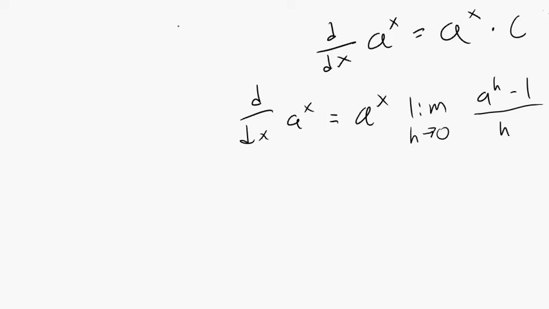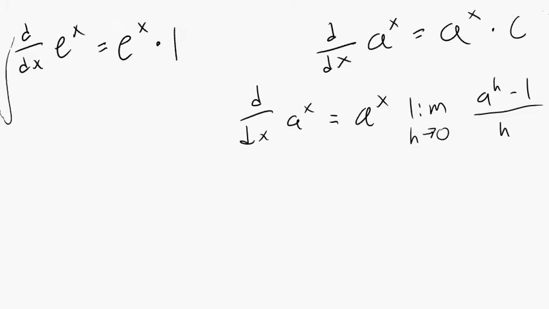And that's how e is defined. So you'd have the derivative of e to the x equals e to the x times, and e is defined so that this equals 1, so e to the x times 1. And that's why e is its own derivative. And hopefully that gives you some understanding as to why the derivatives of exponential functions are the way they are.